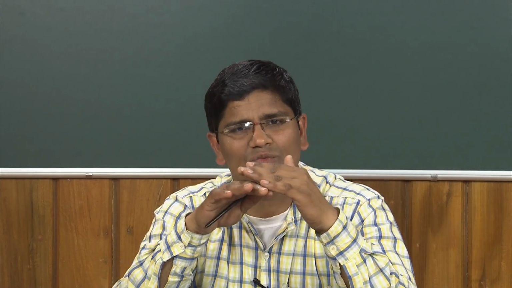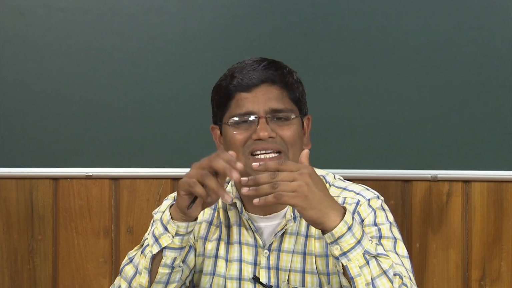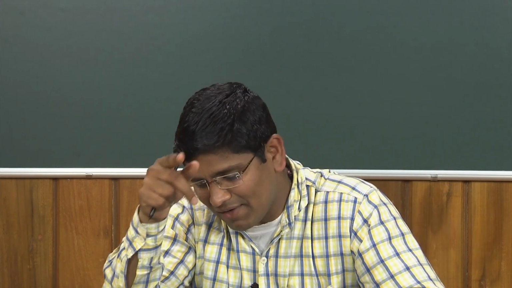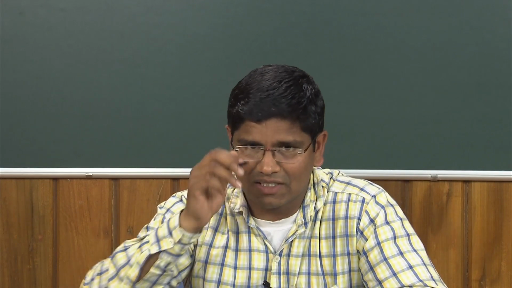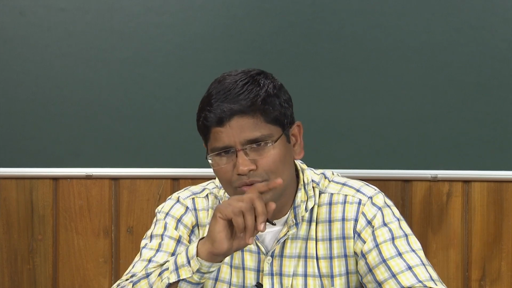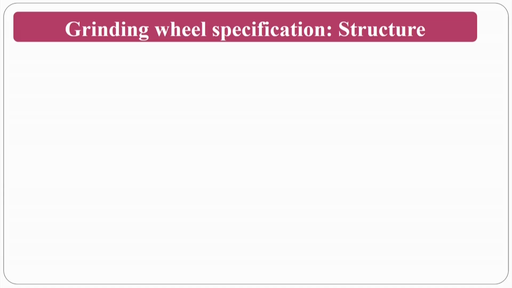In that circumstance, the abrasive particle will break and the surface will become glazed. Glaze is one of the problems of the grinding wheel, which I will come to in the upcoming slides. That's why always keep in mind that you have to use softer wheels for harder workpiece materials, and harder wheels for softer workpiece materials.